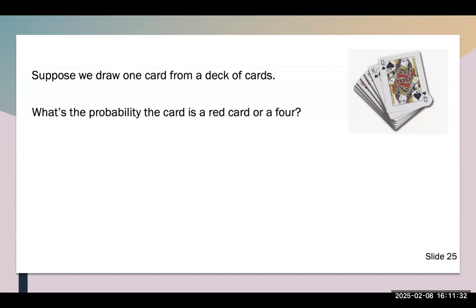Let's try another one. If we draw one card from a deck of cards, what's the probability the card is a red card or a 4? So are these mutually exclusive events? No. There are 2 cards that are both 4s and red. So if I wanted to use the addition rule for a red card or a 4, I would count how many cards are red.